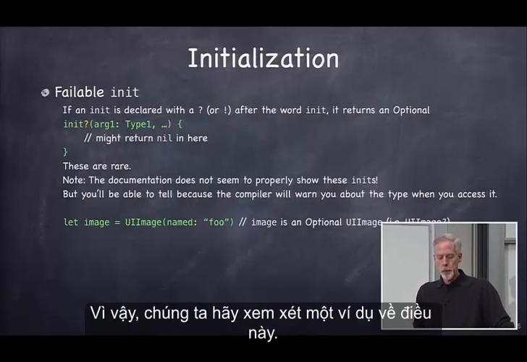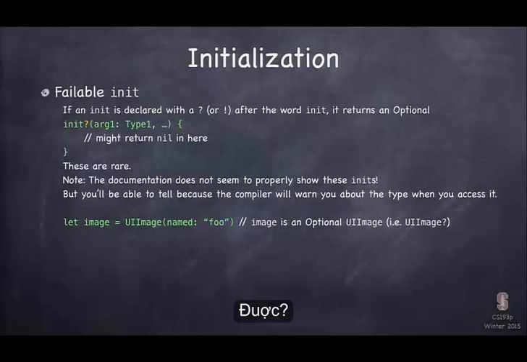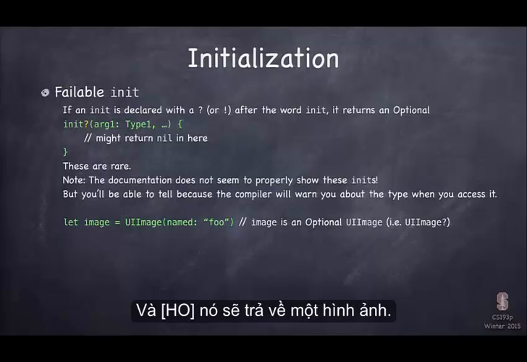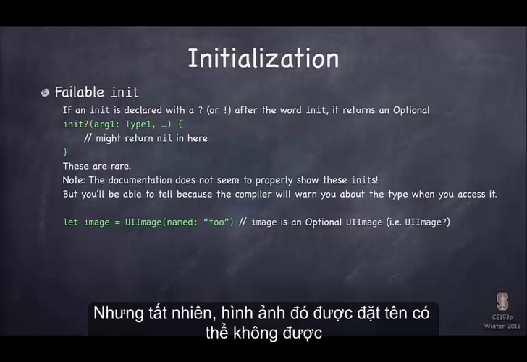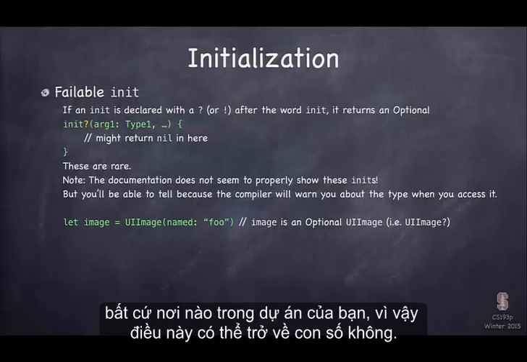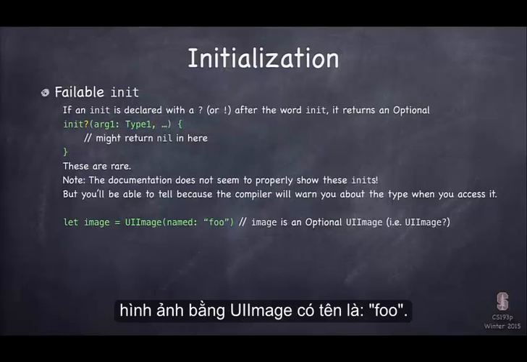So let's look at an example of this. UIImage, okay? It's a class in UIKit. And it returns an image. And you can ask for an image by its name. But of course, that image named that might not be anywhere in your project. So this thing can return nil. So in this case right here, image equals UIImage named foo.